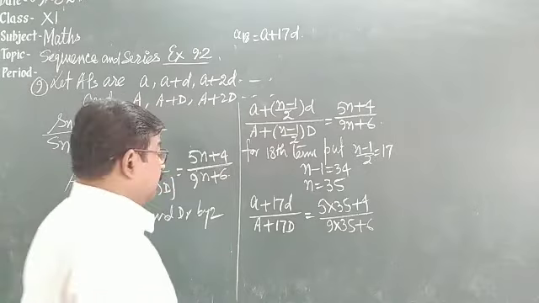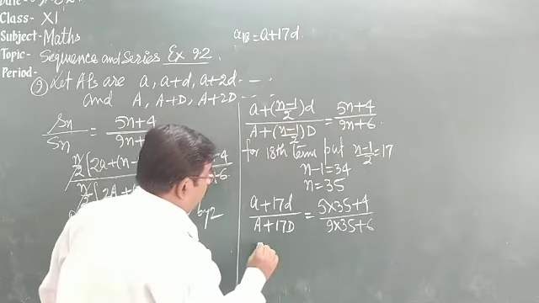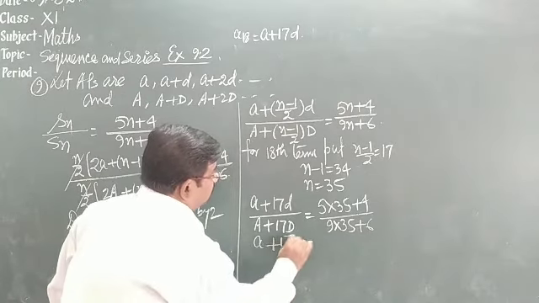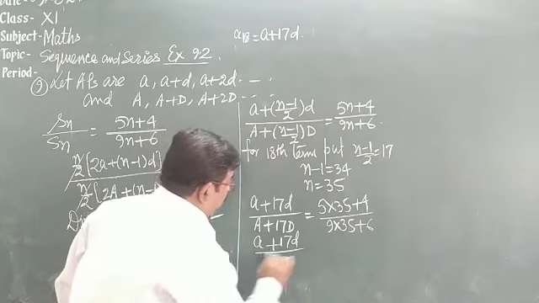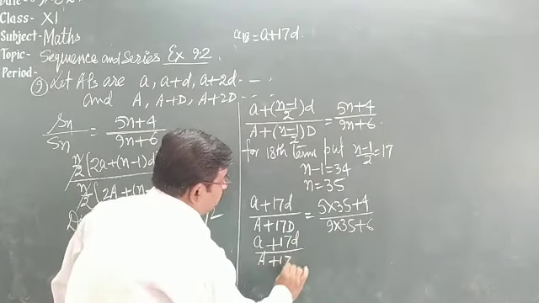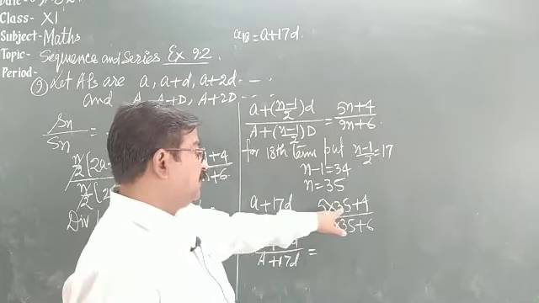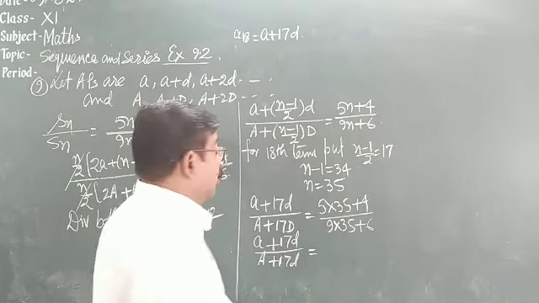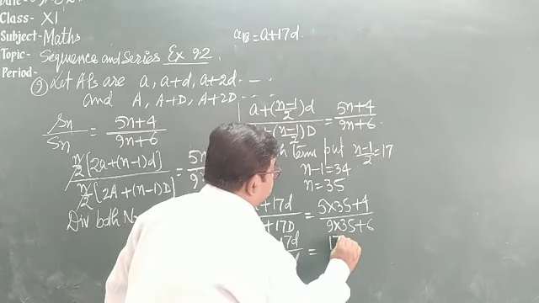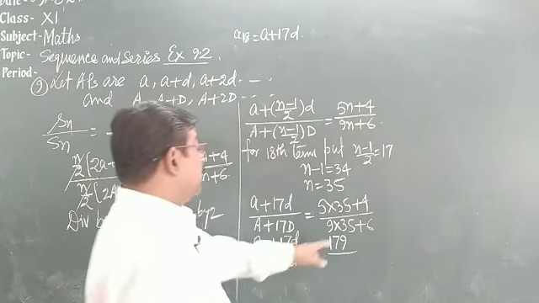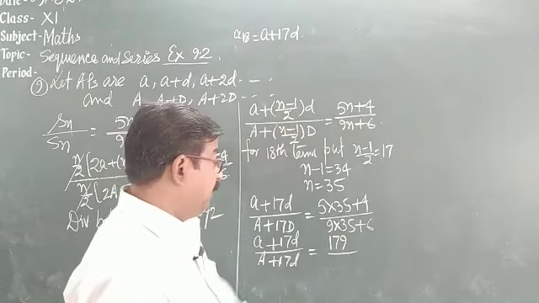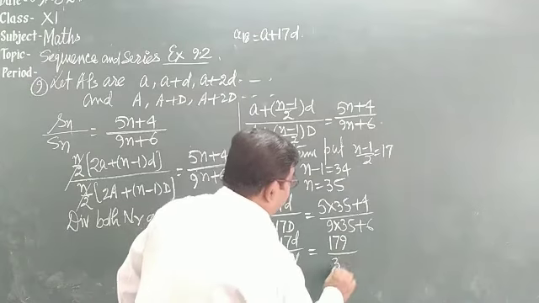See the result. We have a plus 17d upon A plus 17D is equal to 35 5s are 175 plus 4, 179, upon 35 9s are 315 plus 6, 321.